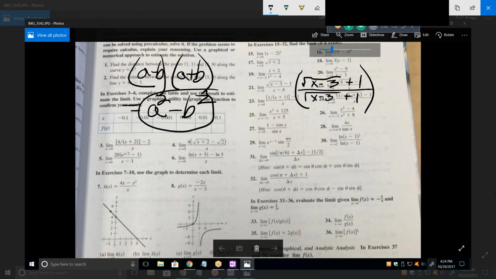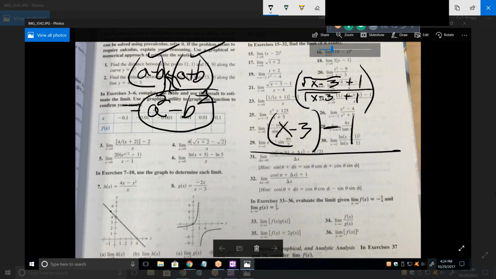That's how difference of perfect squares factors, so when you see it in factored form, it's easy to put back together again. The numerator just becomes square root of that times square root of that is that, minus 1.